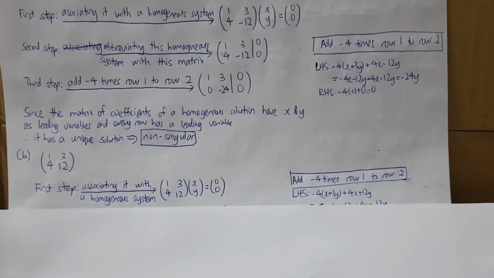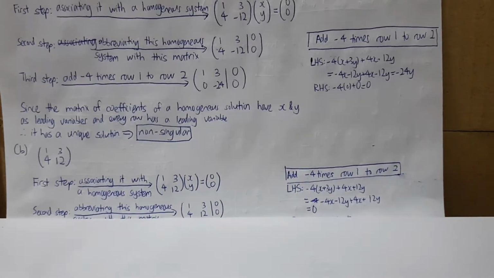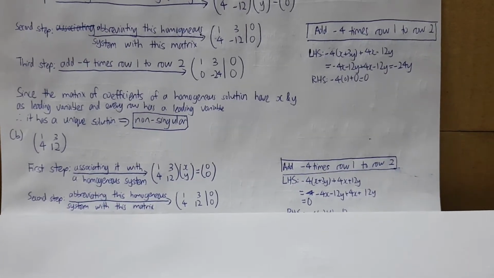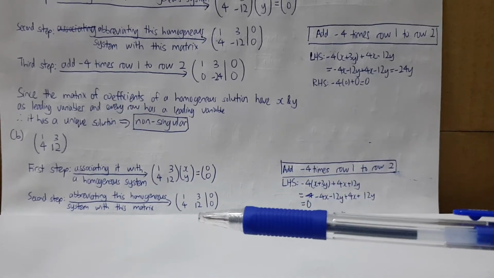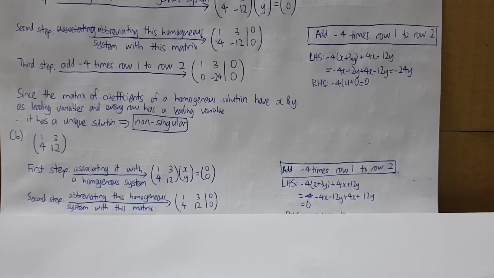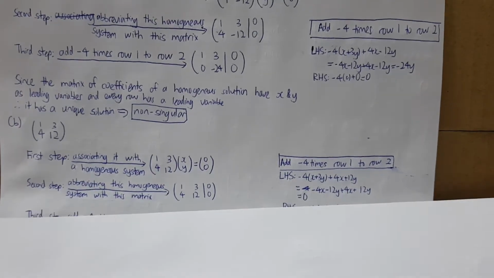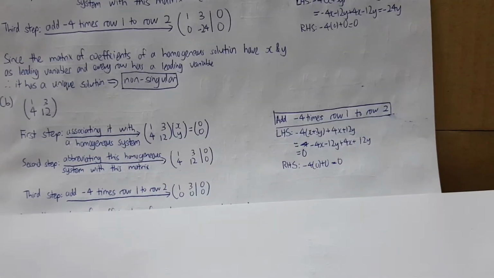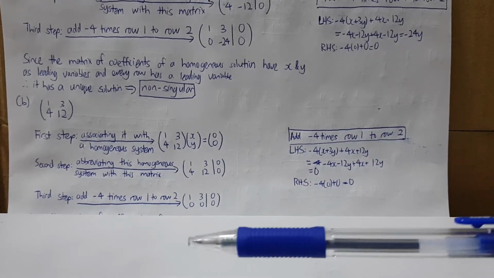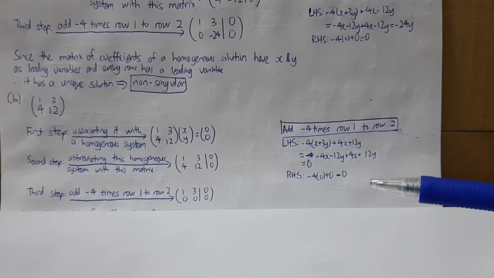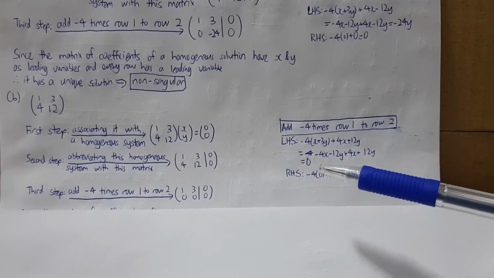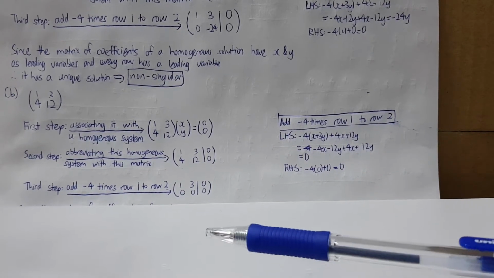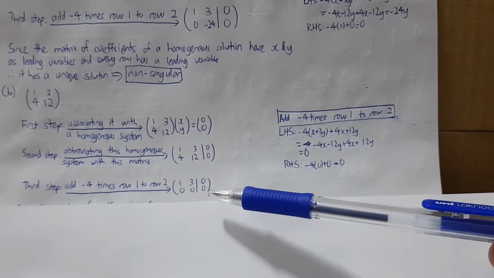Hence, before this, we abbreviate this homogeneous system with this matrix. And after this, we add minus 4 times our row 1 to row 2. So the working is over here, so the left hand side will go to 0 and the right hand side will go to 0. So there are no variables on the second row and there will be a 0 constant.